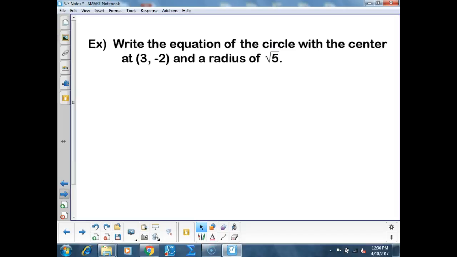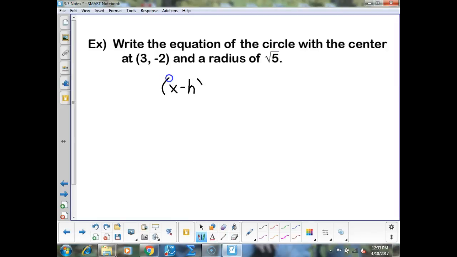Knowing what you know about a circle, write me the equation of the circle with the center at the point 3, -2 and a radius of the square root of 5. I think you can do this one right now. So it's x minus h quantity squared plus y minus k quantity squared equals r squared, right?